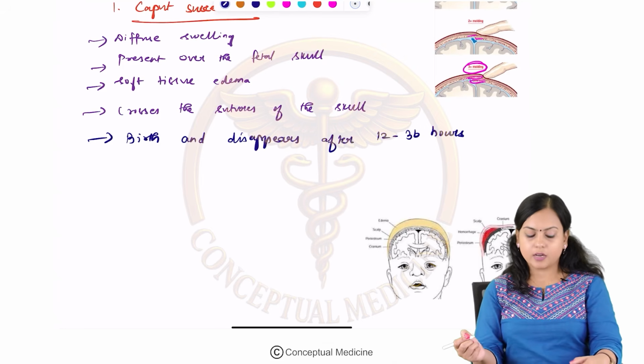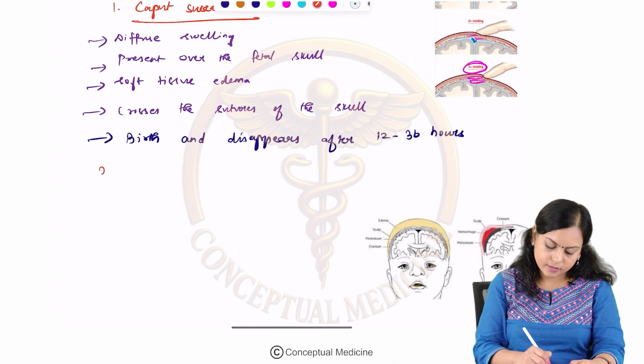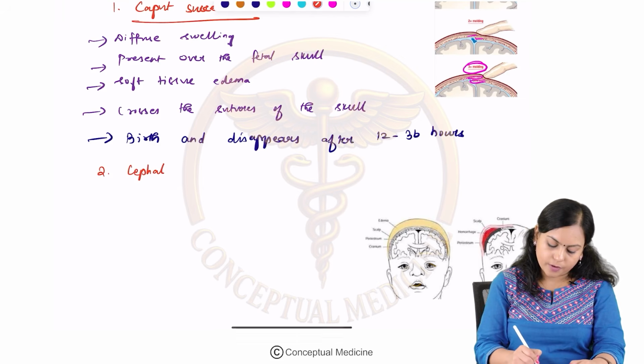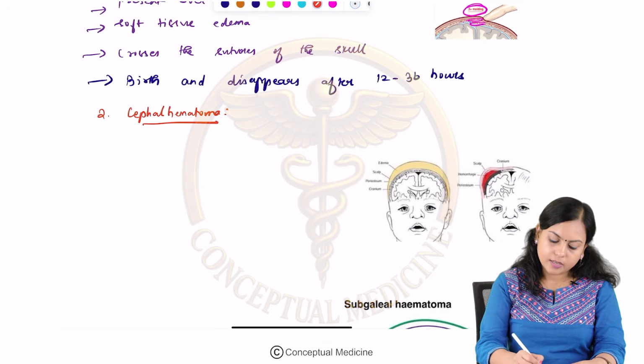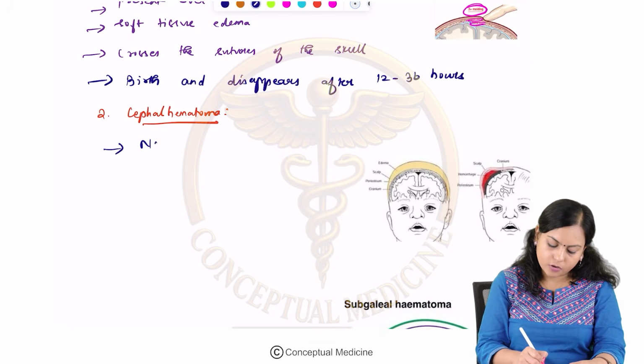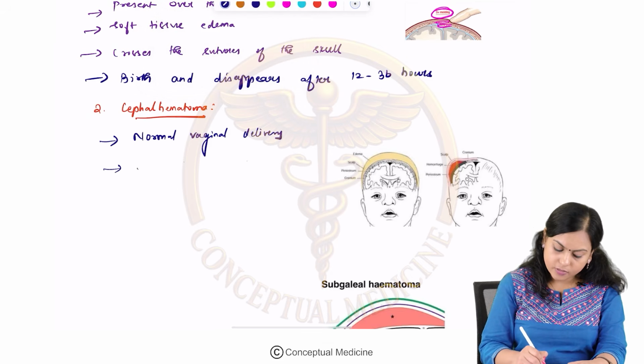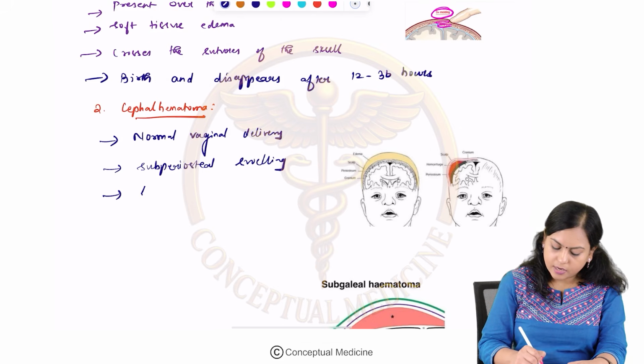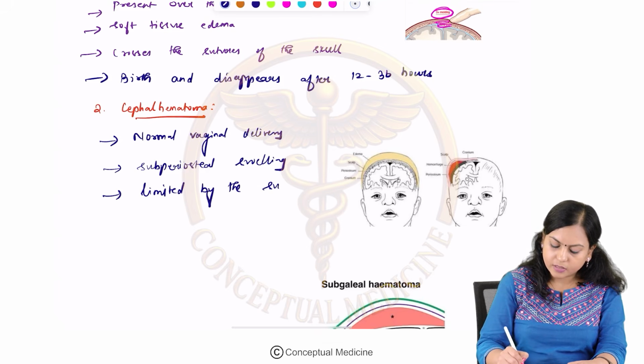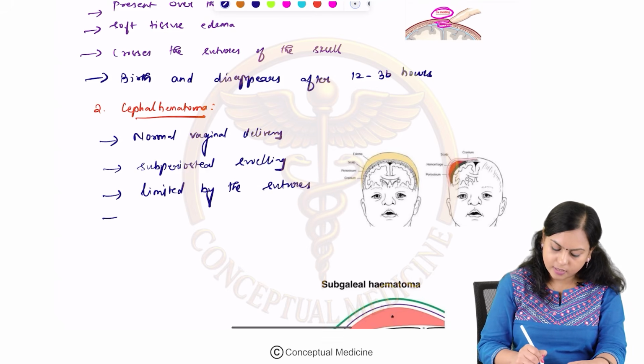Okay. Next one is cephalhematoma. Cephalhematoma can also occur during normal vaginal delivery. This is basically a subperiosteal swelling. It is limited by the sutures.